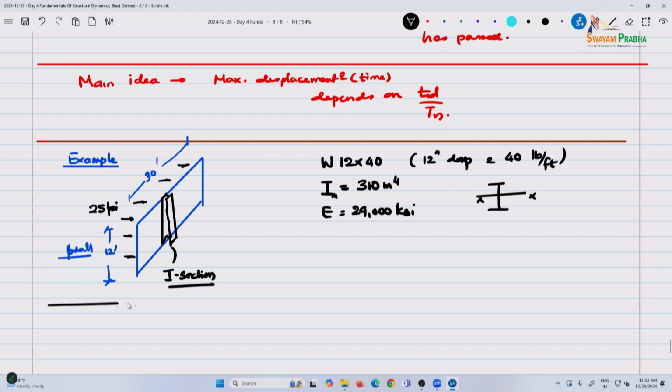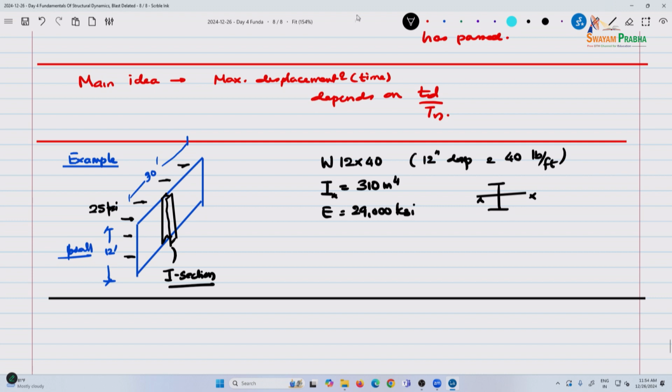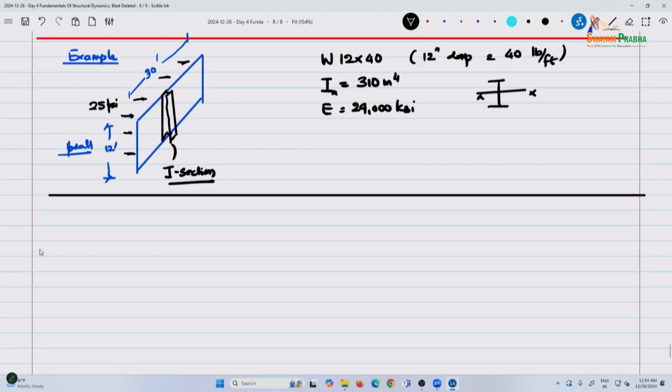Question is, for load durations td equal to 5 milliseconds, 10 milliseconds, and I just chose a number with a reason, 7.3 milliseconds.